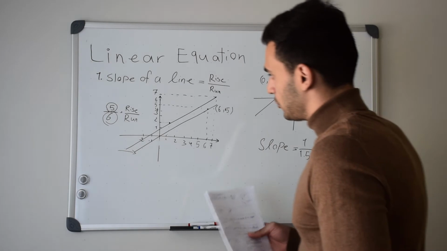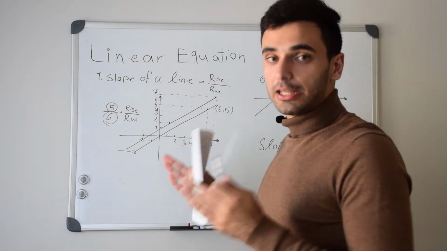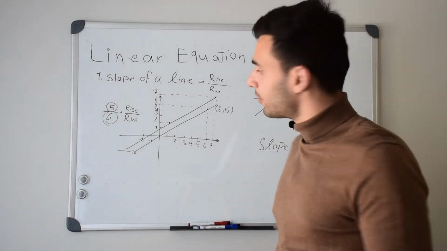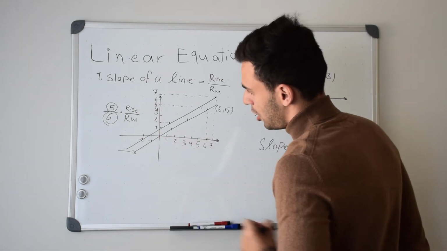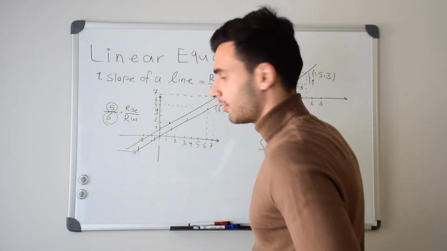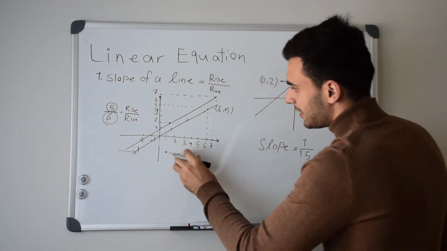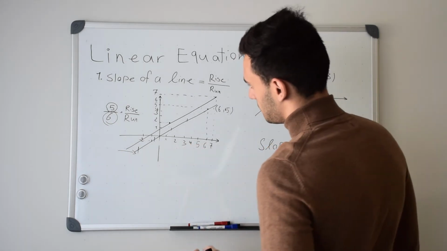Another point that we should understand is that it doesn't matter how many segments you make in a line, all the segments have the same slope. So if I take this segment of this line, or this segment of this line, they're going to have the same slope. So in this example, let's see.